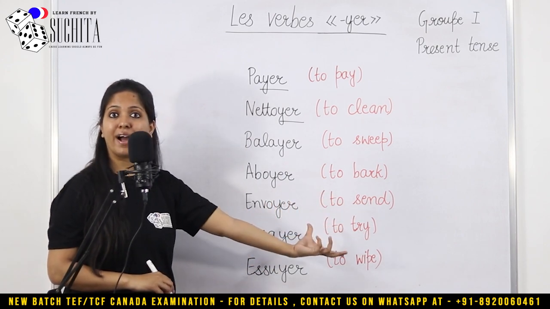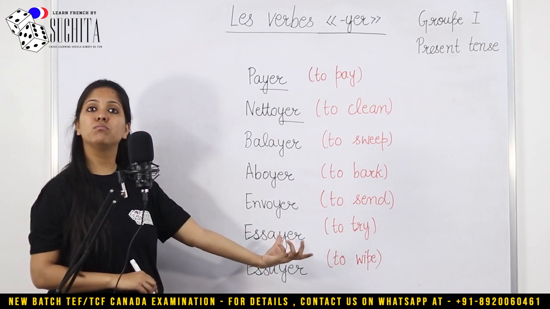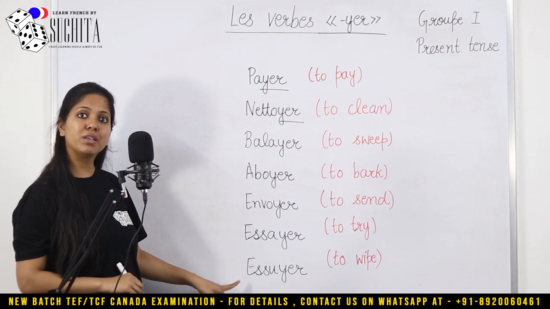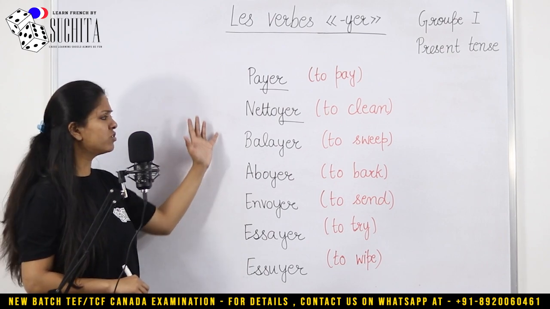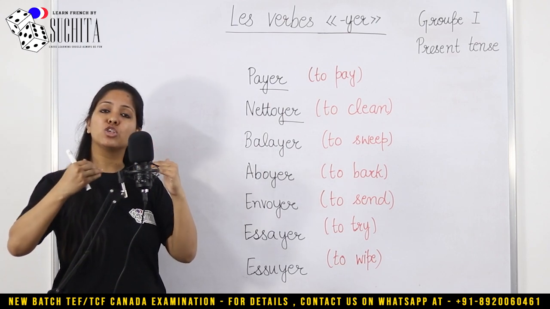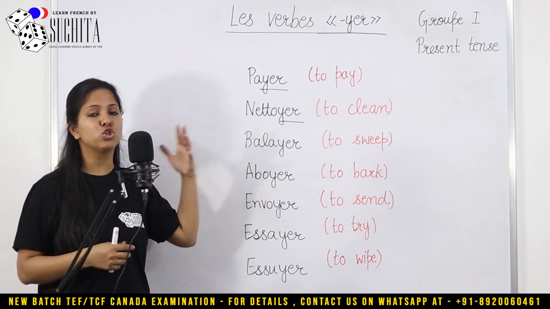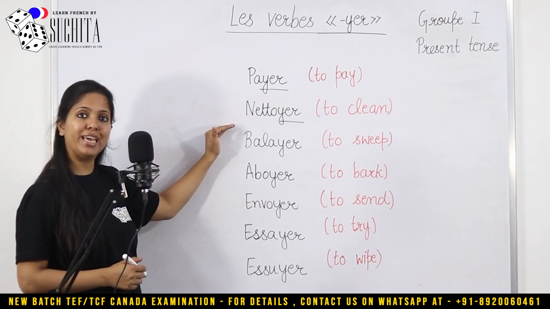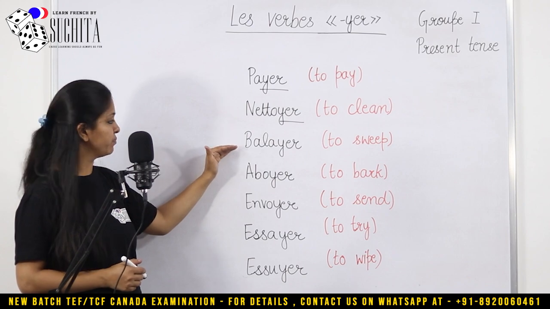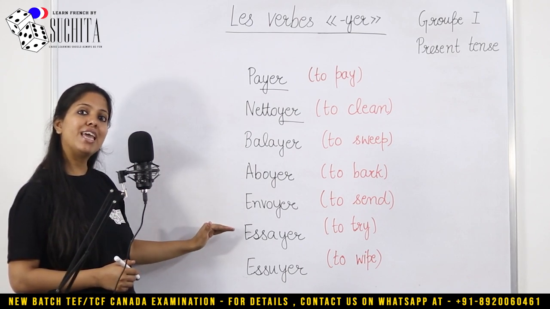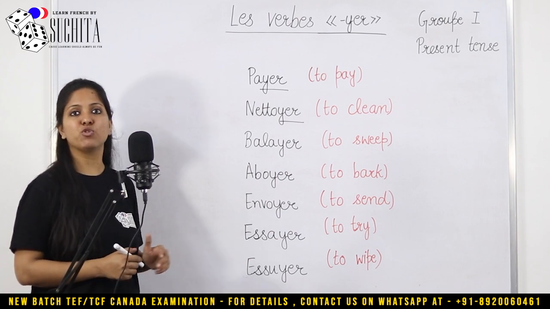Essayer, to try. Essuyer, to wipe. These are very close: essayer, essuyer. These are just a few examples. However, there are a lot of YER verbs, but the conjugation of all of them would be the same. Je répète. Payer, nettoyer, balayer, aboyer, envoyer, essayer et essuyer.